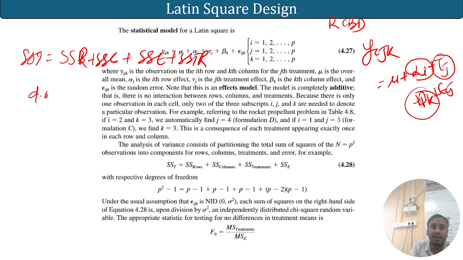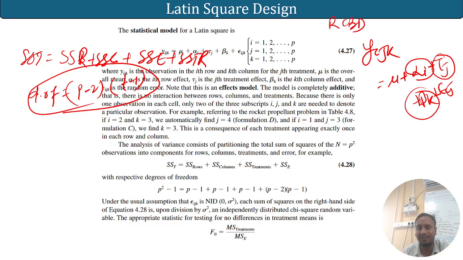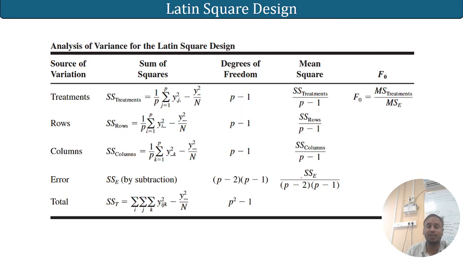And the degree of freedom for error will become (P minus 2) into (P minus 1), because we are going to take two nuisance factors. Let me show you how it will go.